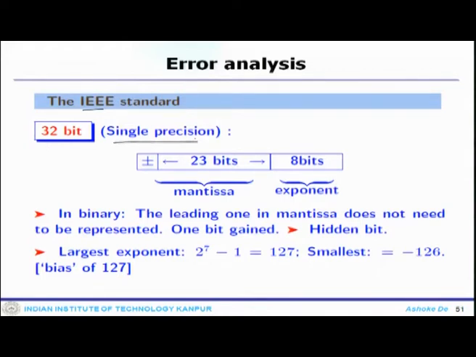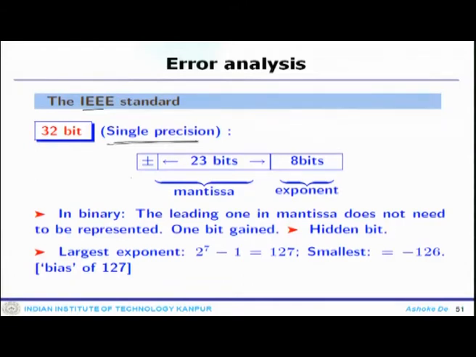Some laptops are available with 32-bit precision, but the hardware has now gone to that extent where you can get 64-bit precision or high end precision. But what happens if you have a 32-bit precision or single precision system?